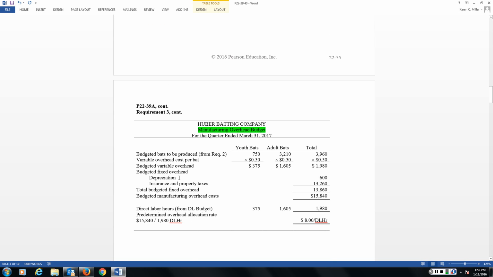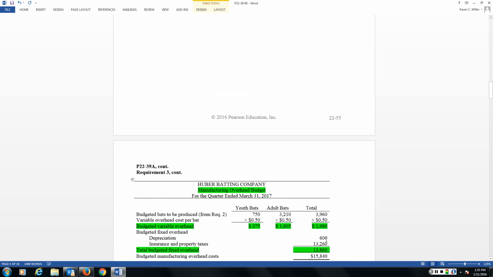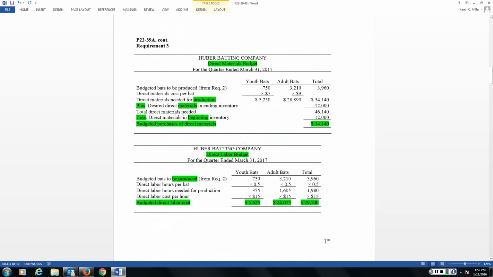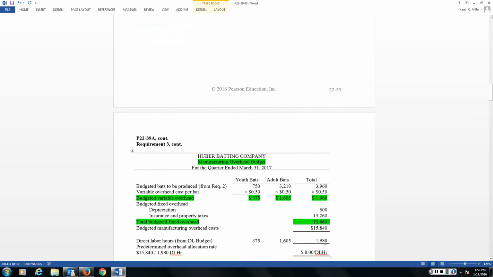It told us that the depreciation and insurance and property taxes were fixed costs. They would remain the same quarter after quarter. So we can calculate our budgeted variable overhead, and then we can calculate our budgeted fixed overhead in order to calculate our total manufacturing overhead cost. Okay, so now we have the three costs of production: materials, labor, and overhead.